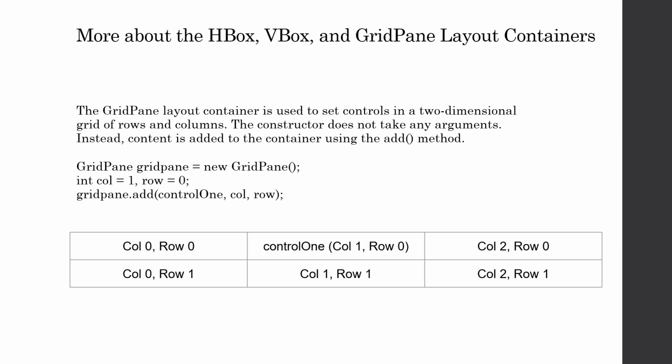In this little grid, you'll see column 0, row 0 in the upper left corner. To the right of that is where our control is going to be placed, at column 1, row 0. Then to the right again, we have column 2, row 0. If you then step down to the next row, that's column 0, row 1, column 1, row 1, and column 2, row 1.